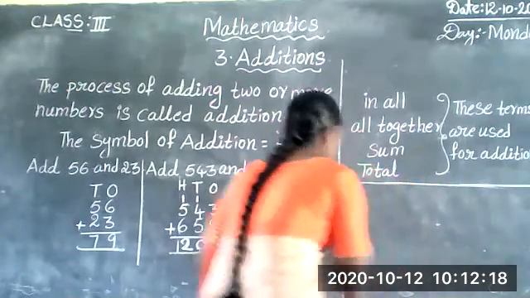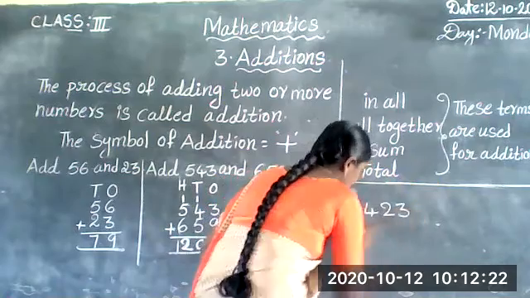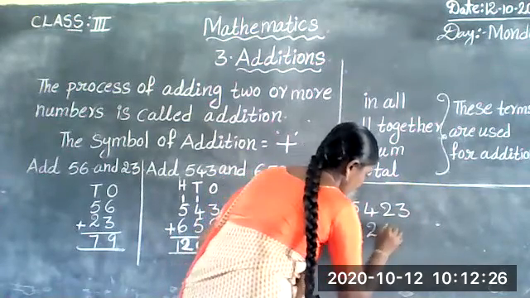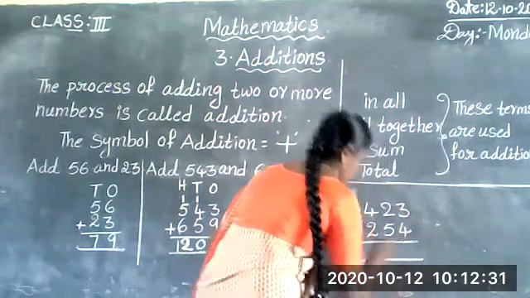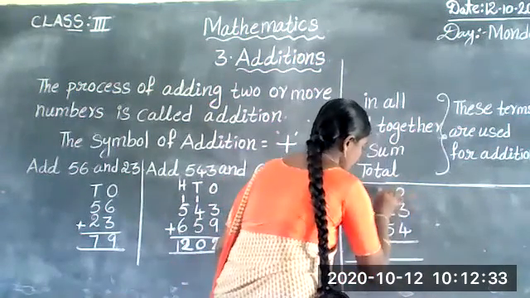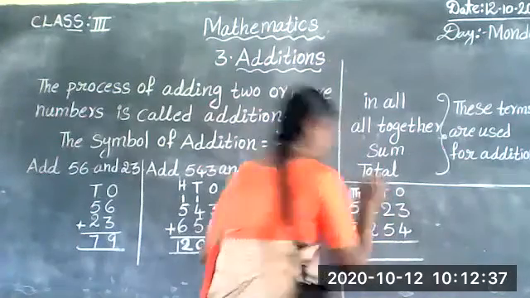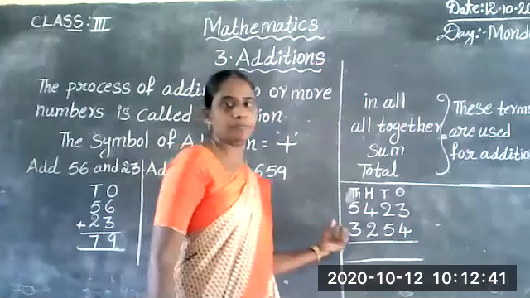Five thousand 423, 3,254. This is ones, tens, hundreds, thousands.